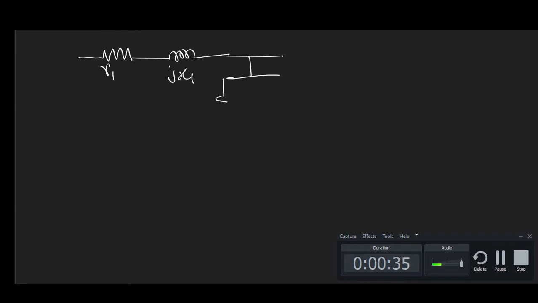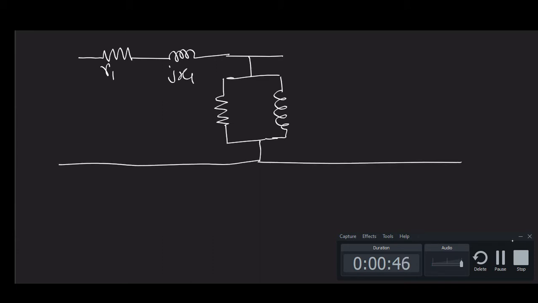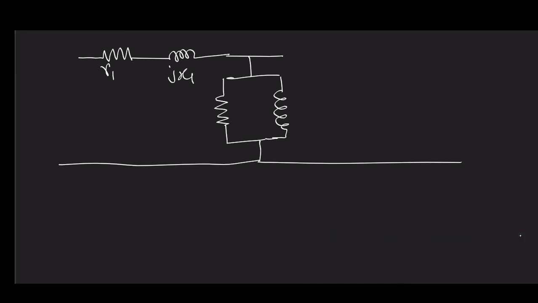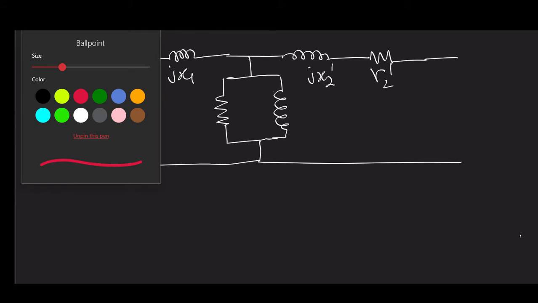Here we are having R naught, here one fictitious resistance.